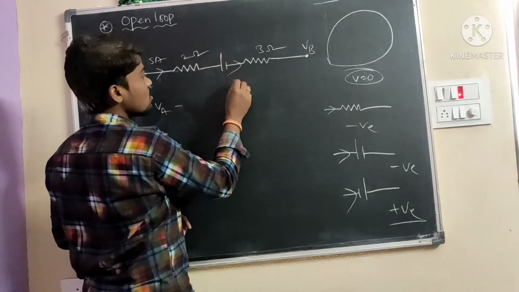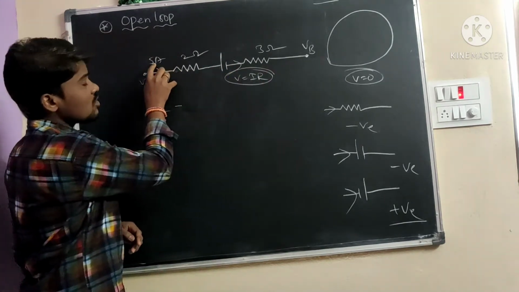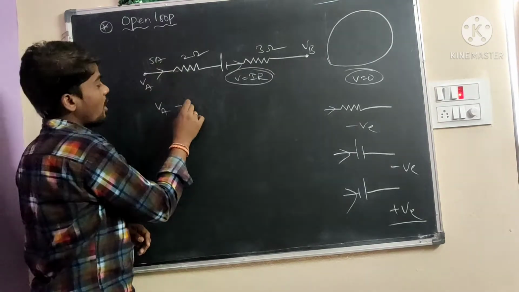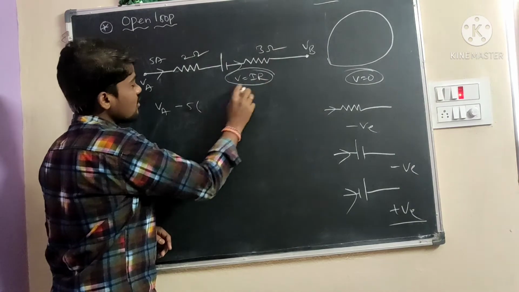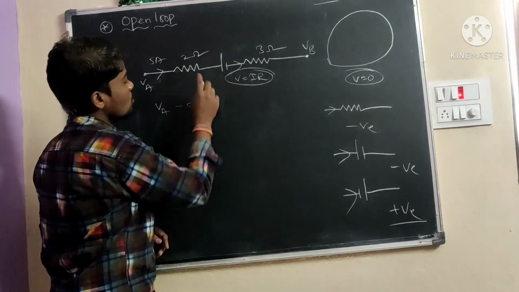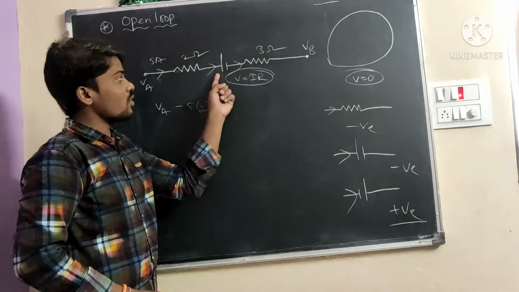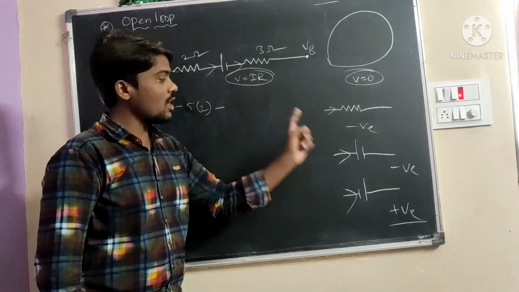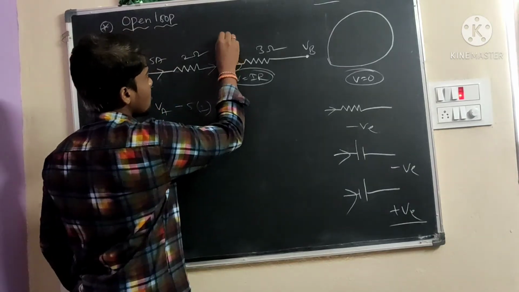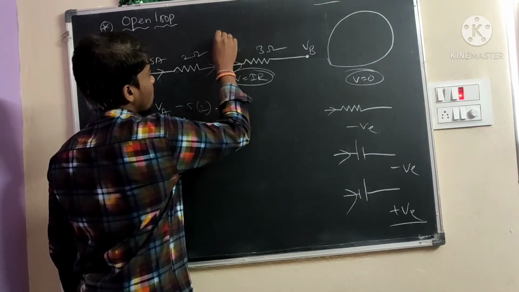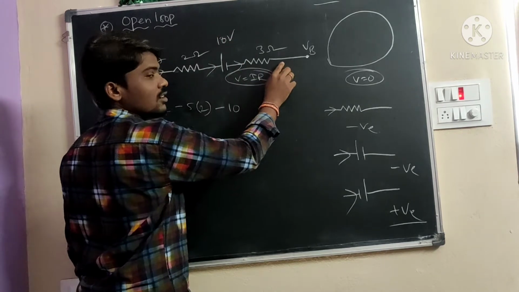According to Ohm's law, V equals IR. The current passing through the resistance is 5 ampere, so with R as 2, it is minus 5 into 2. The battery is moving from the positive terminal to the negative terminal, so it is a negative potential difference. For example, if it is 10 volts, here it is minus 10.